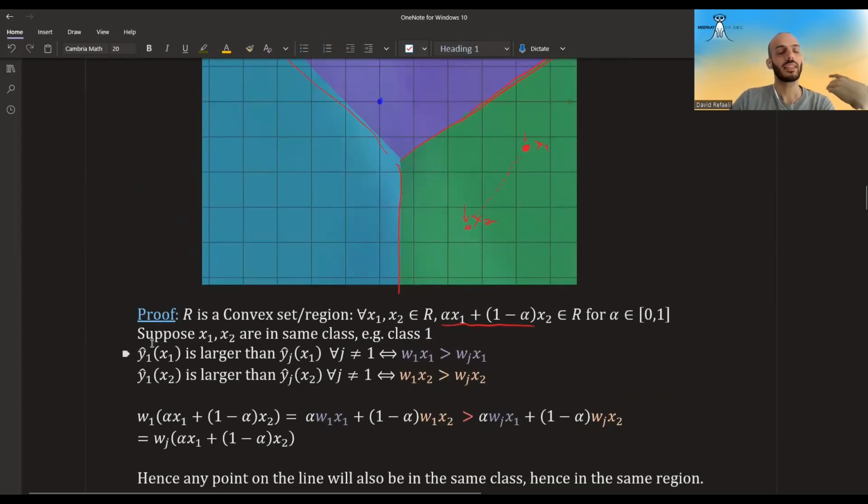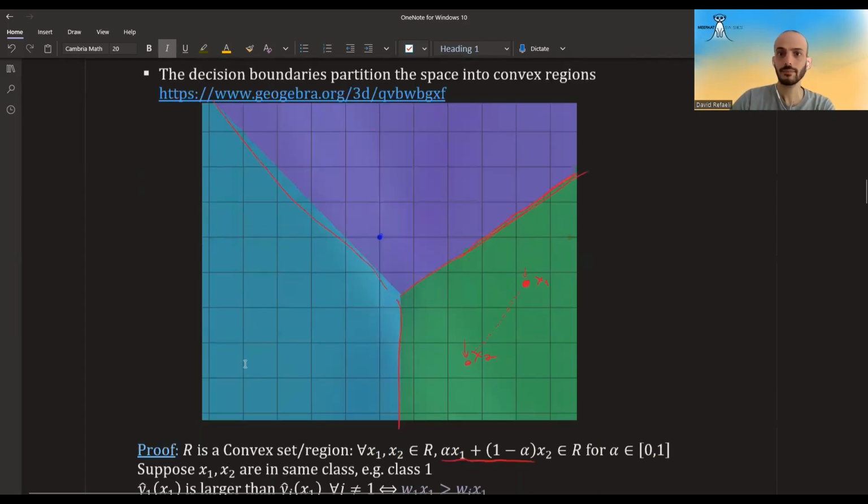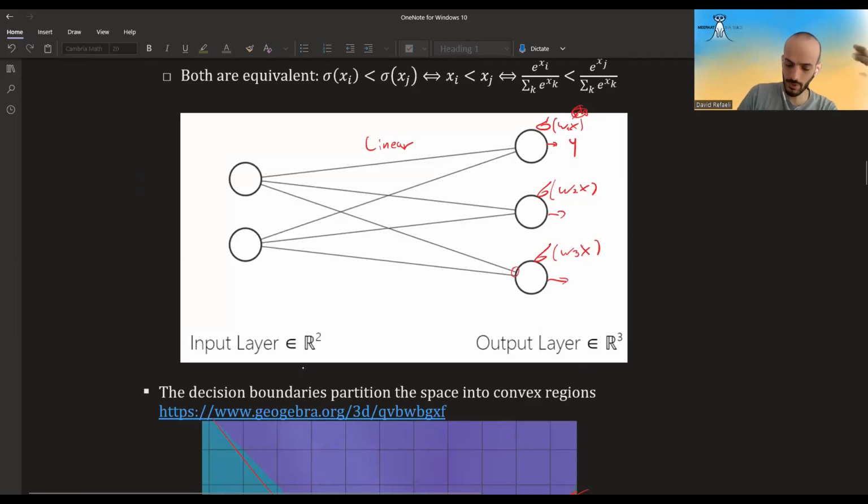So what it means, and let's for the sake of simplicity assume that it's the first region. What it means is that the output of the first neuron is the largest for x1, and it's also the largest for x2. So this neuron, let's call it y1 hat, is bigger both for x1 and for x2. x1 is one point in this two-dimensional plane, and x2 is another point in this two-dimensional plane.